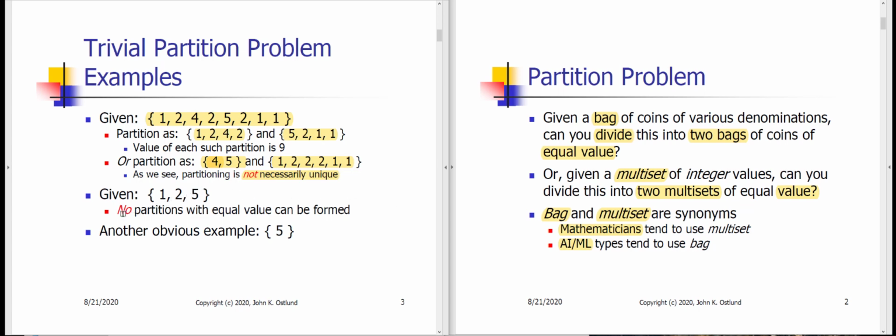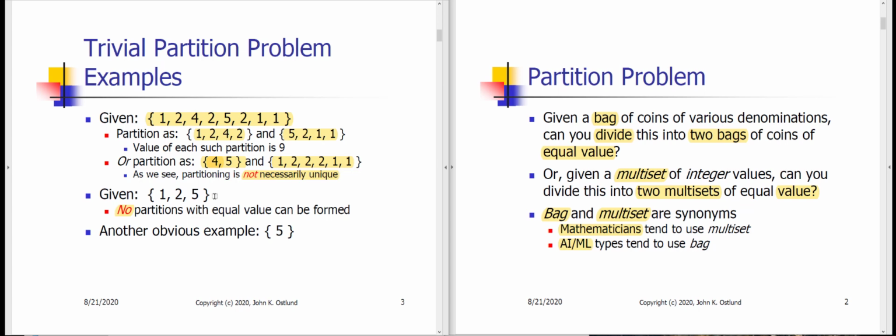It's easy to come up with examples that can't be partitioned. All right, so it's not necessarily the case that we're always going to be able to partition some multiset of values. If our values are just these three values, 1, 2, and 5, notice that the sum of those values is 8. Therefore, if we were able to partition those values, each partition would have to have a value of 4.